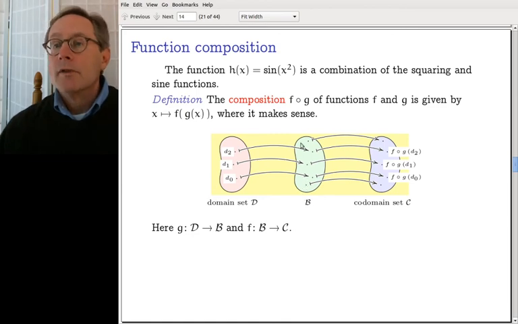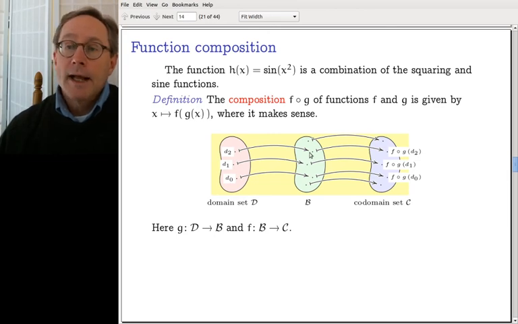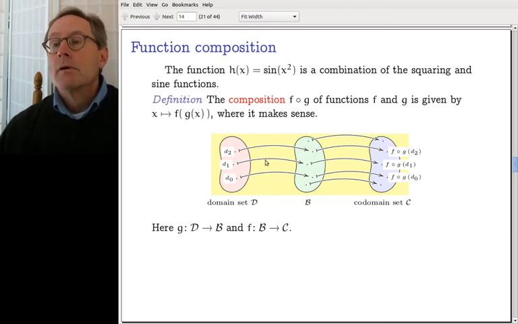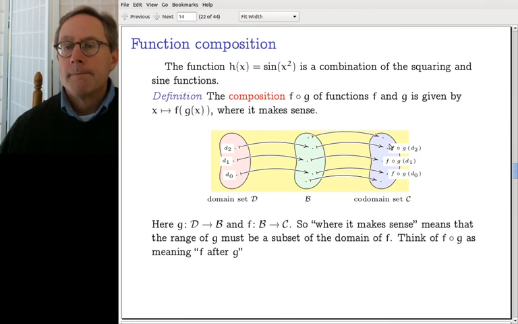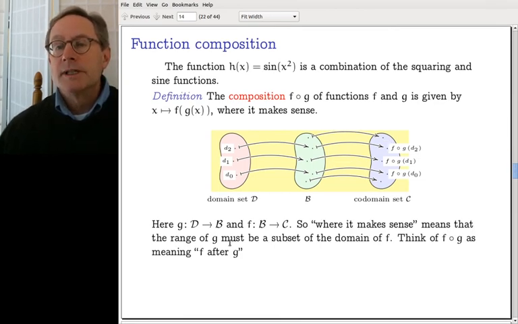Now notice, there may be some things over here that are inputs to f that are never output from g. That can happen. So you can end up bouncing over and entirely missing some things. Where it makes sense means that the range of g has to be a subset of the domain of f.